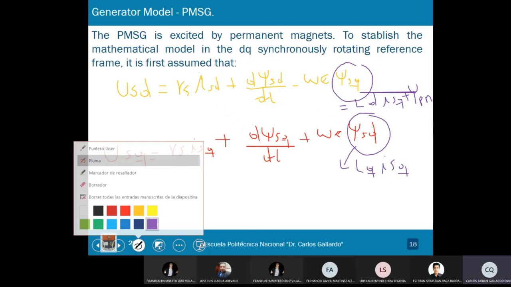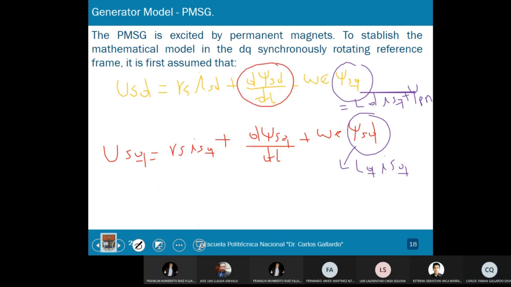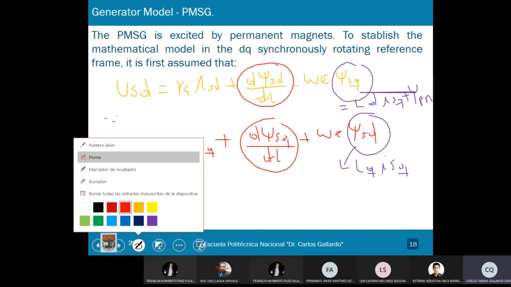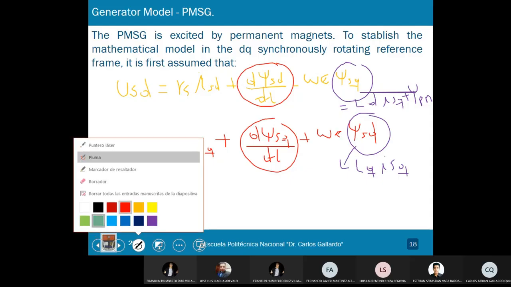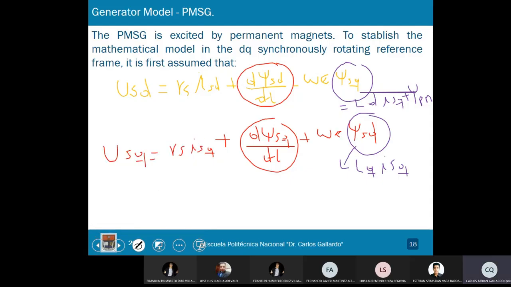What about the fluxes? This flux is equal to, by definition, so let's use another color, the derivative is equal to the direct axis inductance times the derivative of the current.